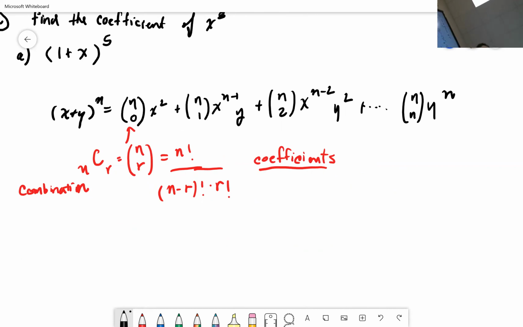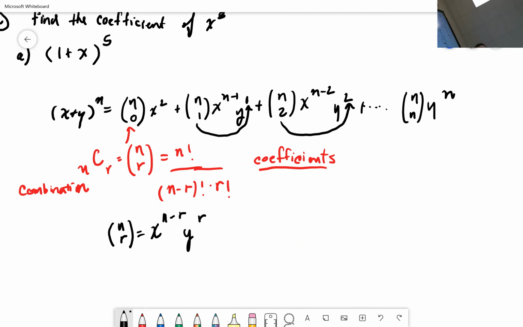So I'm going to write this generally like this: nCr equals x to the n minus r, y to the r. Would that be fair? If you come back here and look at this, you notice the power of the y here is 1, which is this guy, and the power of the y here, you see?